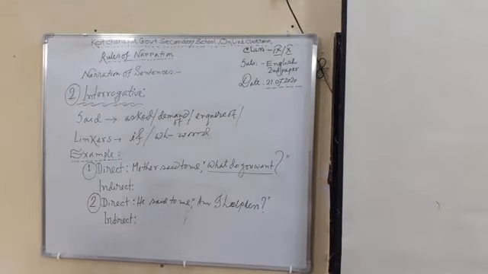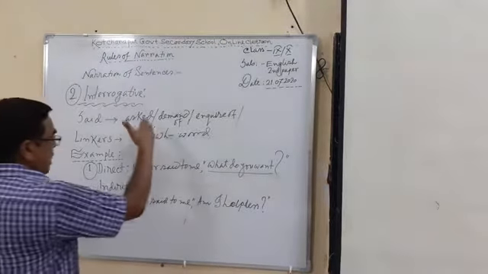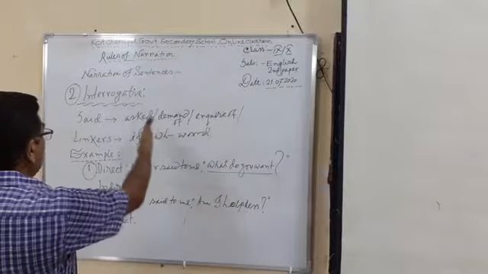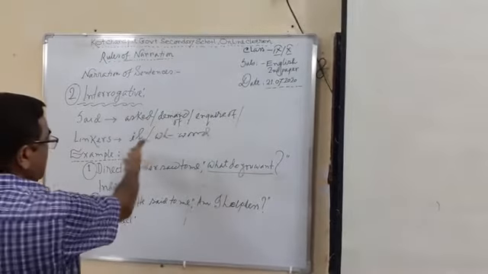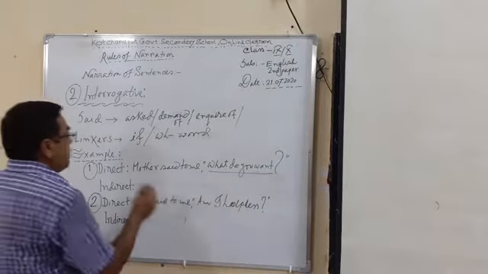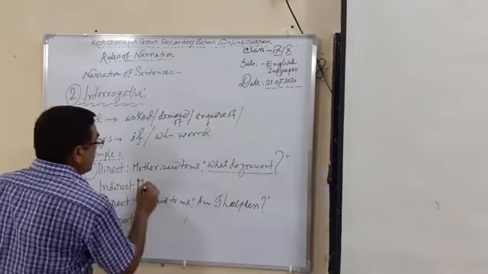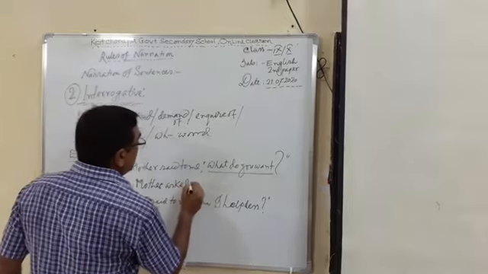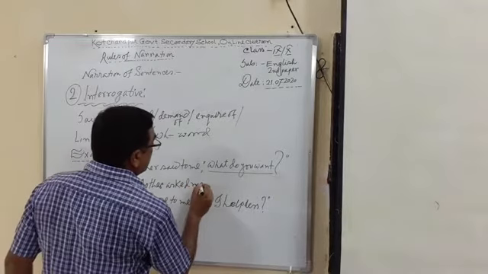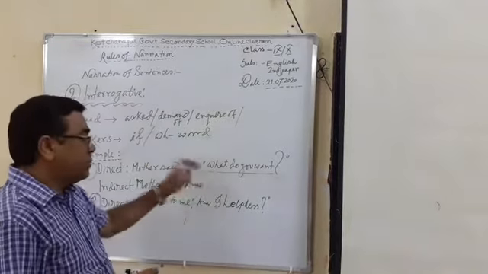Right, good. Okay. We have to use asked or inquired instead of said, and linkers if or a WH word. Mother asked, because it is an interrogative sentence. Mother asked me. This sentence begins with what?